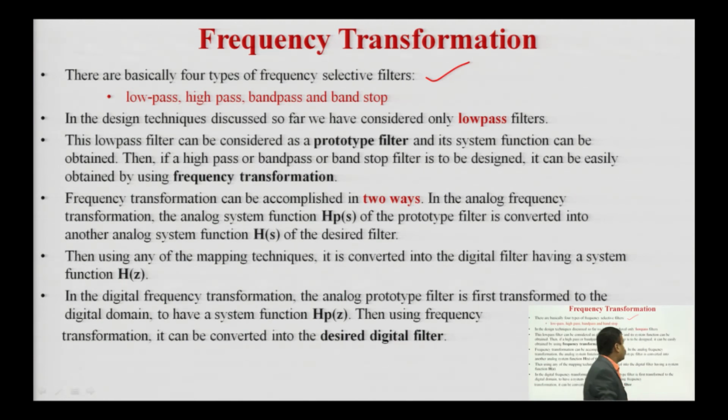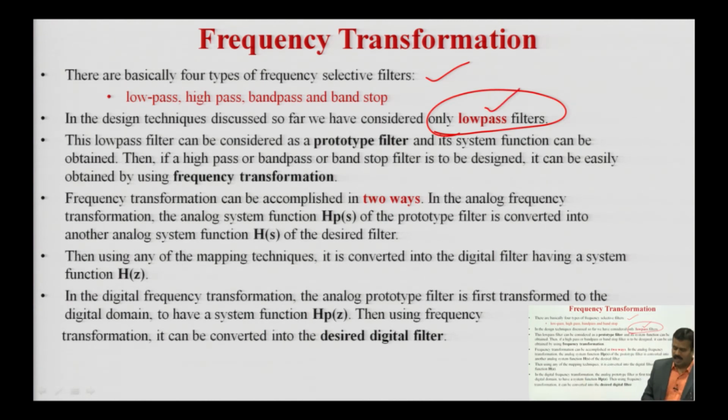In the design techniques discussed so far, we have considered only the low pass filter, like the designing of low pass Butterworth and low pass Chebyshev filters. This low pass filter can be considered as a prototype filter, and its system function H s can be obtained.